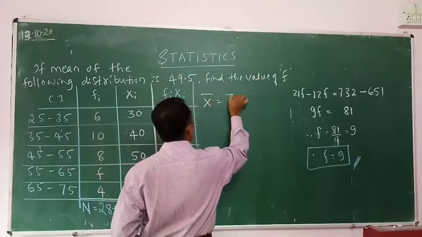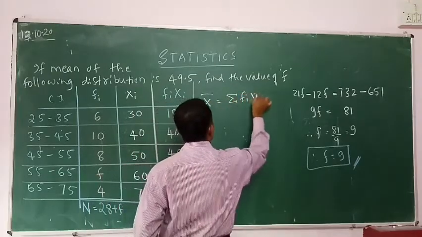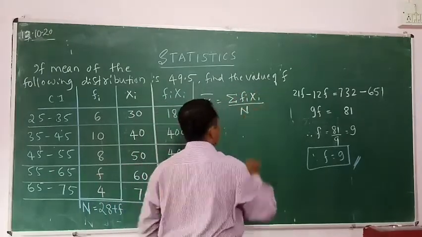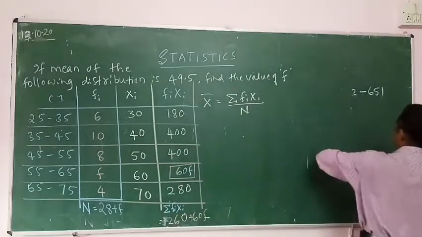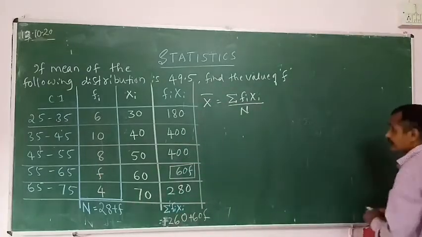X bar is equal to summation Fi Xi divided by n. Okay.